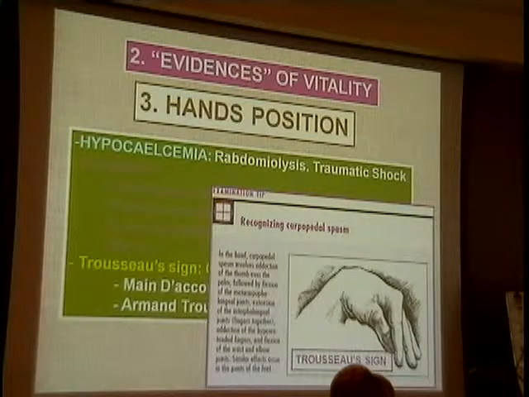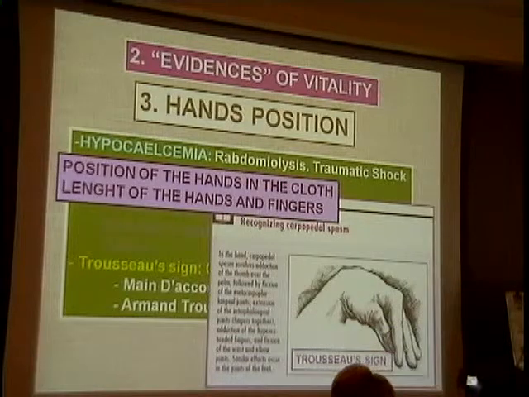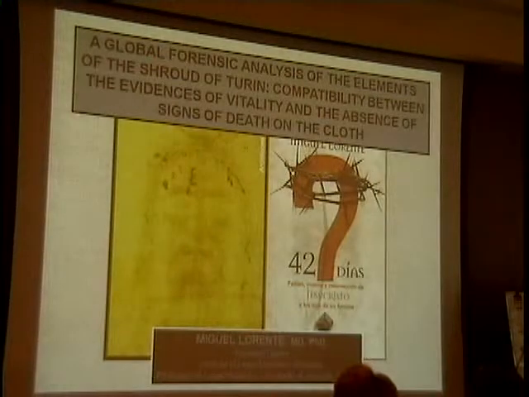This carpopedal spasm, or Trousseau's sign, is known as midwife hands, because of the claw-like position we can see. These positions are compatible with Trousseau's sign, and the length of the fingers and hands implies that they could be flexed in a way compatible with it.